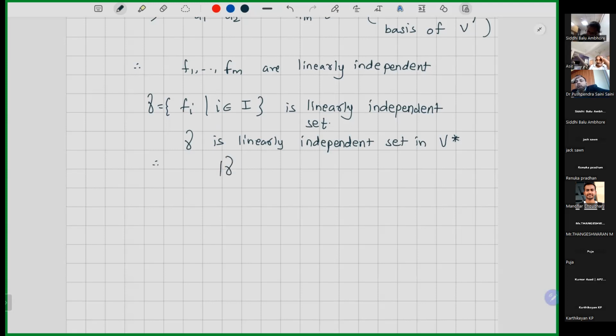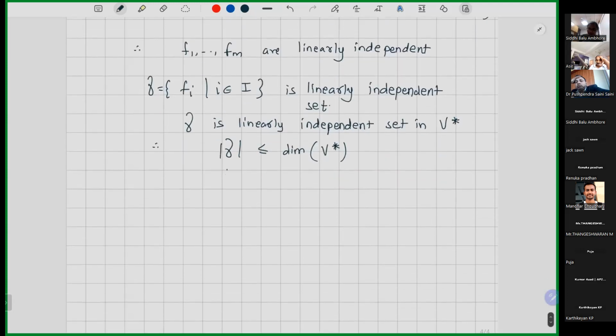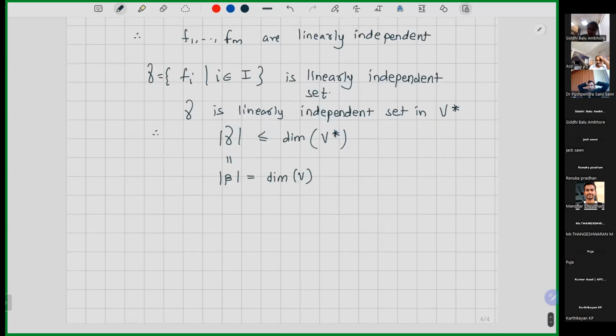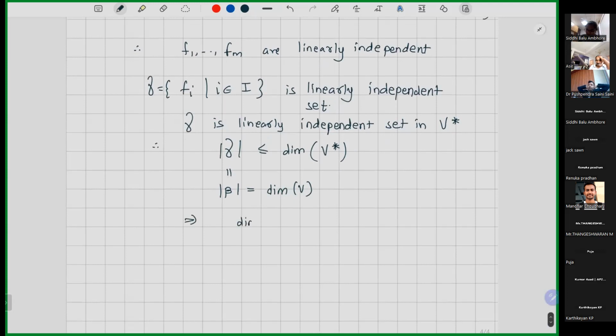Therefore the cardinality of gamma is less than or equal to the dimension of V star. But the cardinality of gamma is equal to the cardinality of beta, and the cardinality of beta is the dimension of V. So what we got here is that the dimension of V is less than or equal to the dimension of V star.